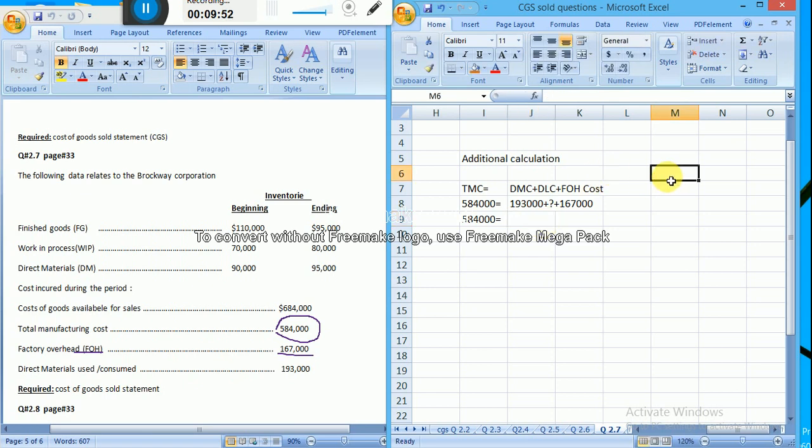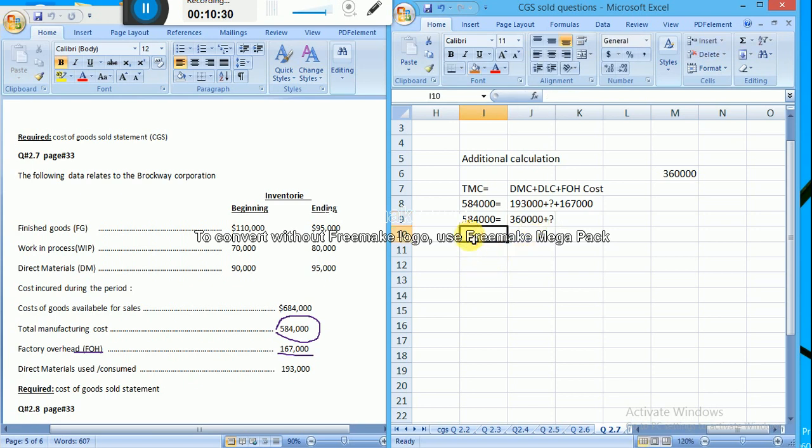Look at it. 1,93,000 plus 1,67,000. When we add these two, that is equal to 3,60,000. So here I write 3,60,000 plus unknown.